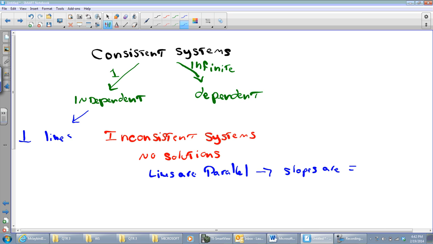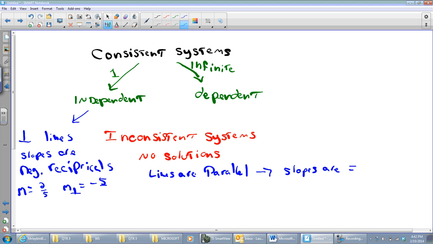And how do we know that? The slopes are negative reciprocals. For example, if m equals 2/5, then m perpendicular is negative 5/2.